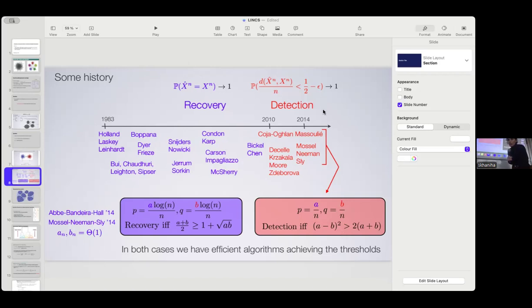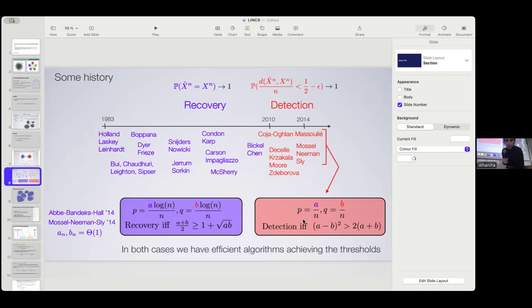In this case, we have this 1/2 distance. This x hat is the label of the nodes that we assign. Xn is the right label of the node. And what we want for recovery is that the probability that these two are equal, when n goes to infinity, is exactly one. Almost all the labels are correct when n goes to infinity. And detection is just some algorithm that is better than uniformly assigning a label. It's better than 1/2.